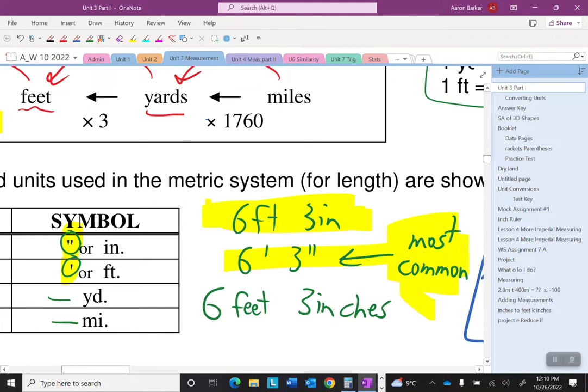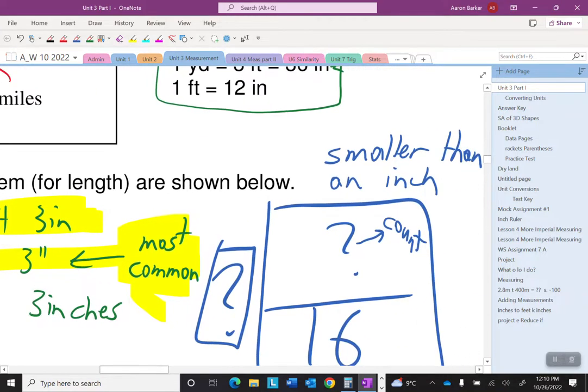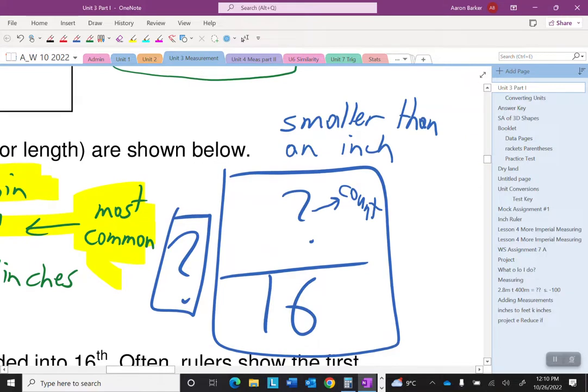What if it's less than an inch? What do you do? If it's less than an inch, then all you do is you start with a fraction out of 16. You're trying to figure out what is the whole number in front. So if you have a whole number of inches, you write in that location. So this here will be your whole number.